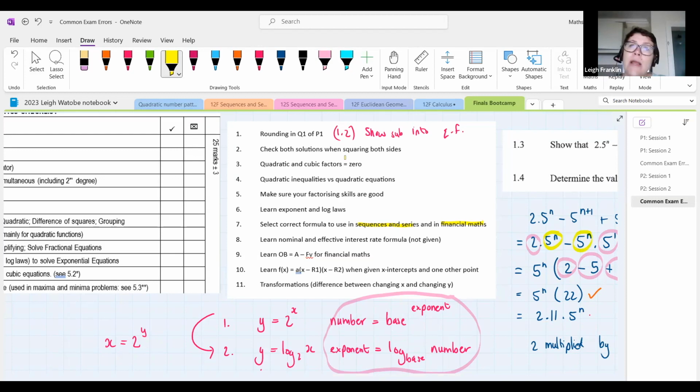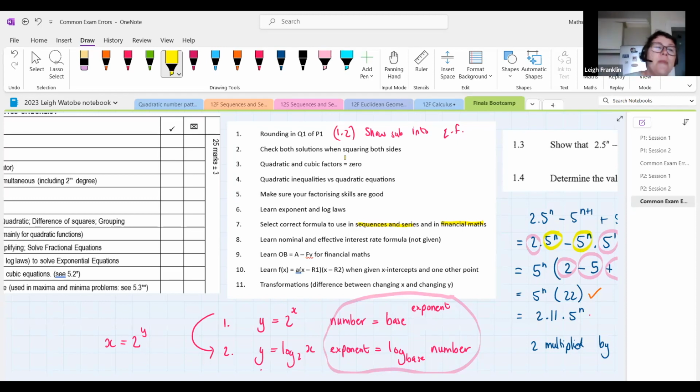If you are doing an arithmetic sum, then you can use the SN formula for arithmetic sequences. If you're working with a geometric sequence, you've got to use TN equals AR to the n minus 1. If you're working with a geometric sum, you've got to use the correct formula. And if the question implies that something is infinite or continues forever and ever, then you would use your sum to infinity.